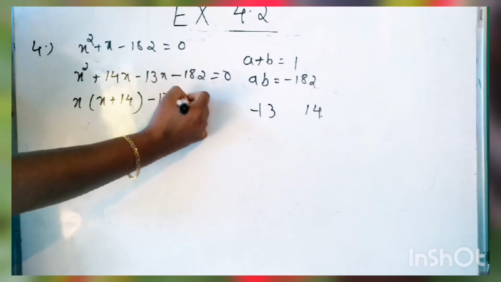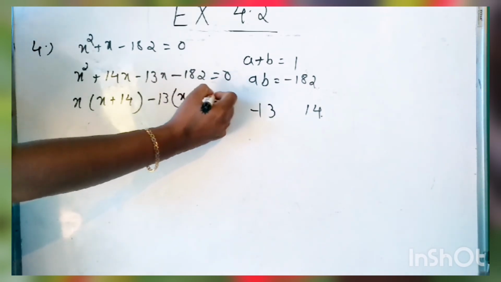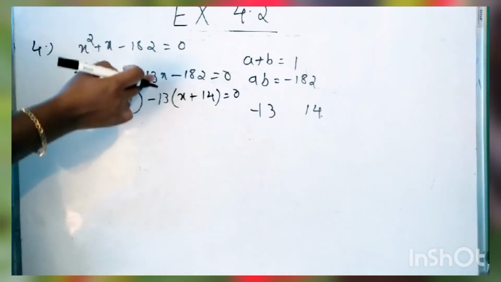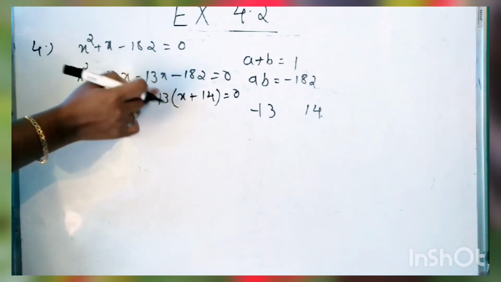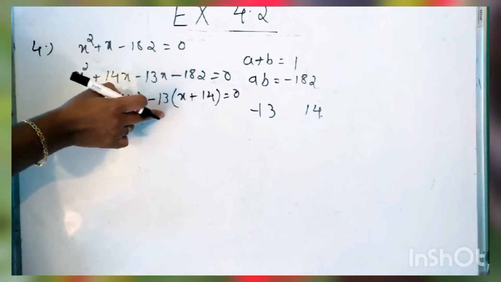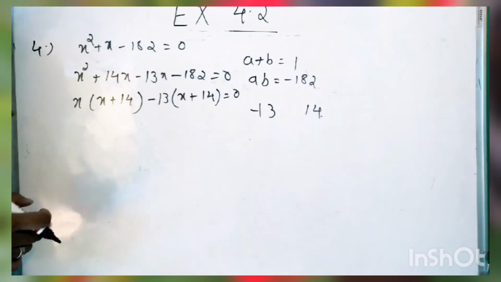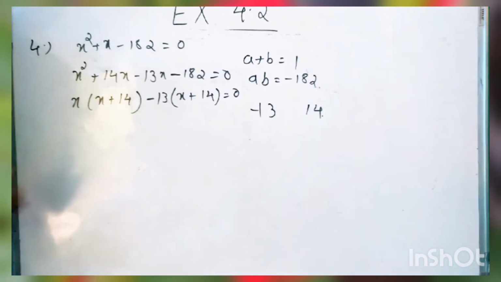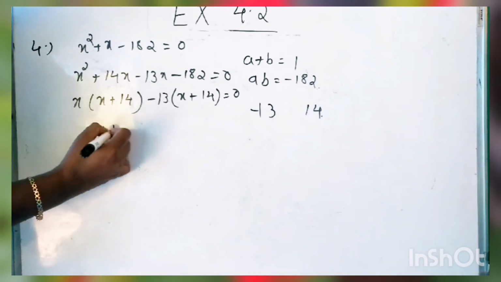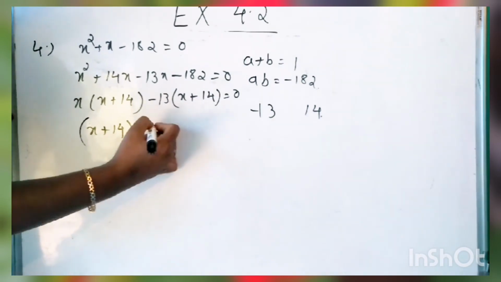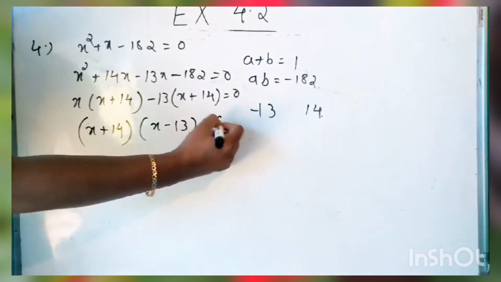Then we will get x plus 14 is equal to 0. If you take minus 13 outside from minus 13x, x will remain, and minus 13 outside from minus 182, we will get plus 14. Now x plus 14 is common, so (x plus 14) into (x minus 13) is equal to 0.